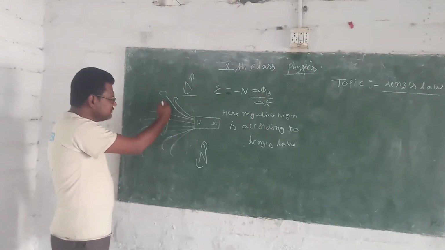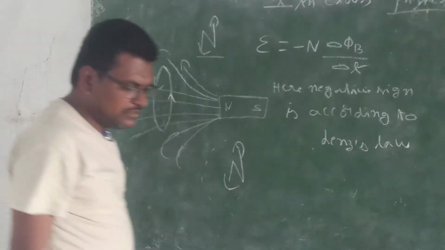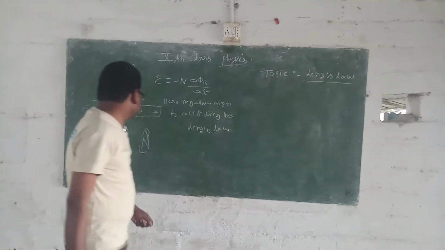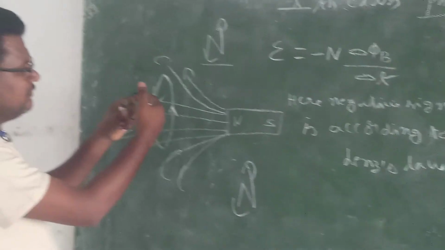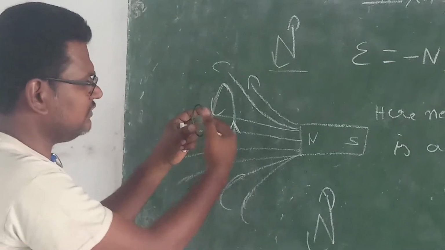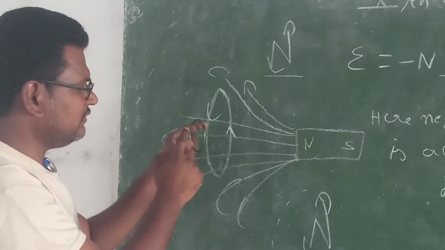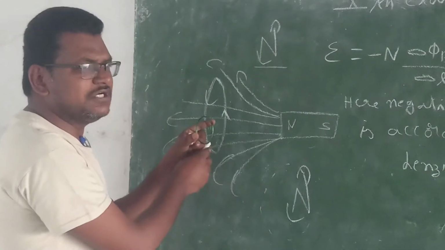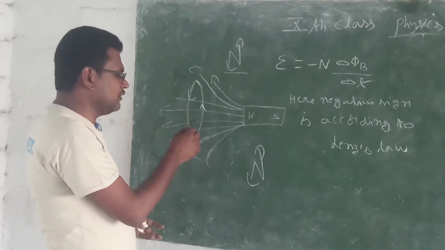What happens if the current is induced in the anti-clockwise direction in a coil? As the current is induced in the anti-clockwise direction when moving a north pole of a magnet towards the coil, this coil behaves as a magnet having two poles: one is the north pole and the other is the south pole.